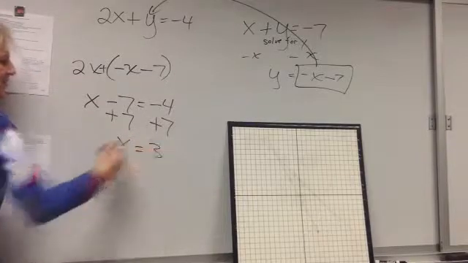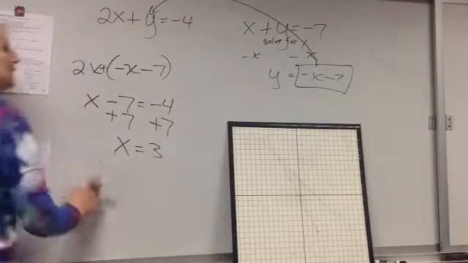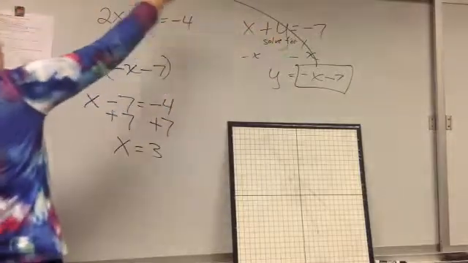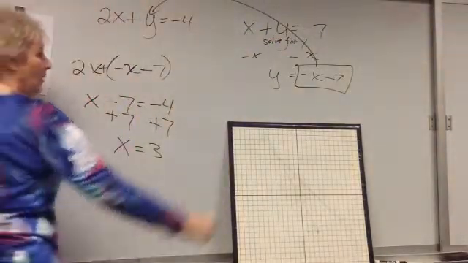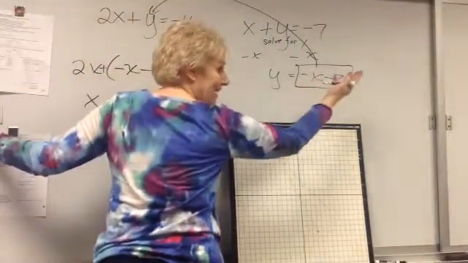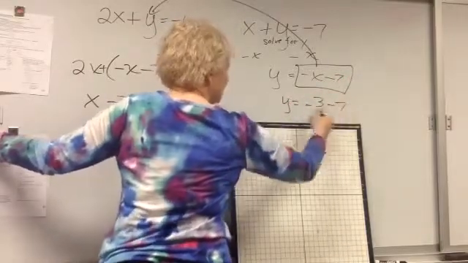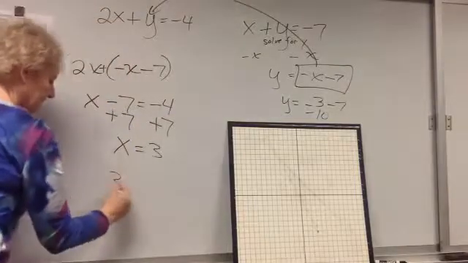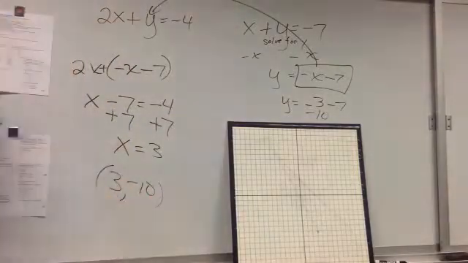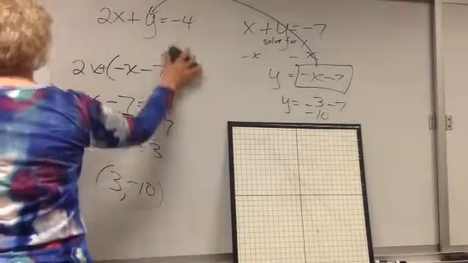X is 3. Plug the 3 back in either here or here or here. Y is negative 3 minus 7, negative 10. Yep. How many got it? More than half. Always good when it's more than half.